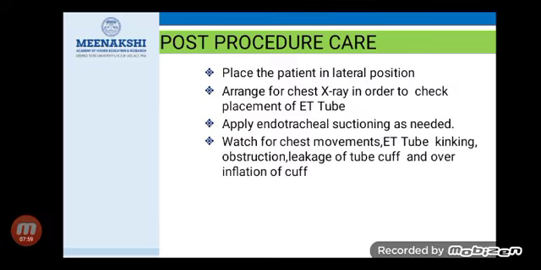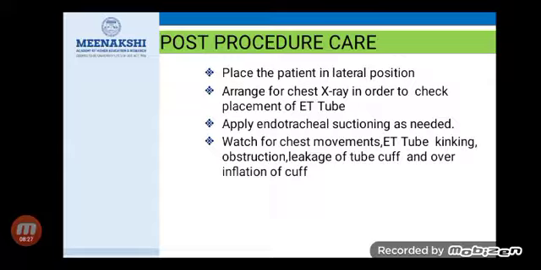And then move on to the post-procedure care. In the post-procedure care, first place the patient in lateral position and arrange for a chest x-ray. We have discussed three steps to confirm the position, and here one more is the chest x-ray. To check the placement of the ET tube, chest x-ray is also important.